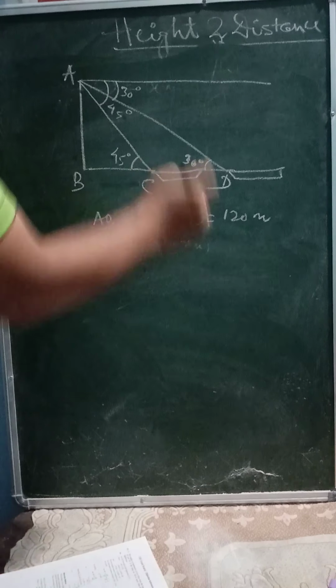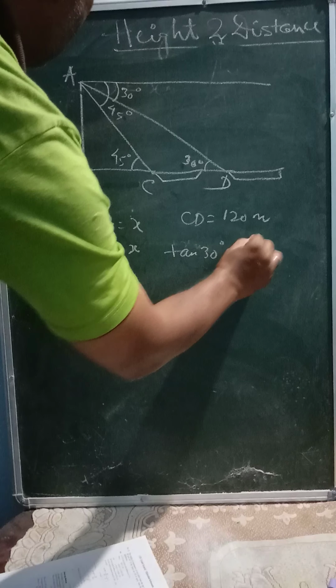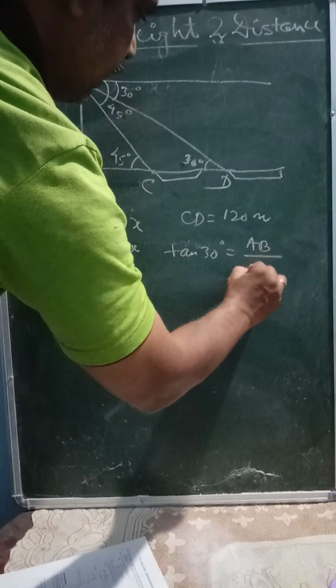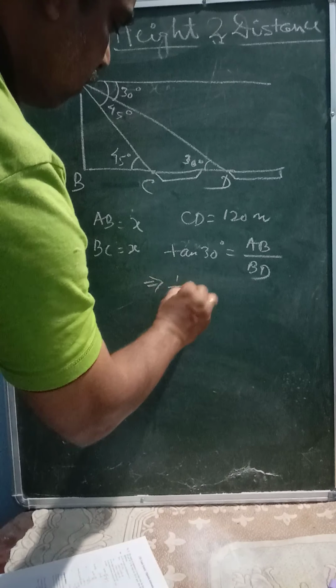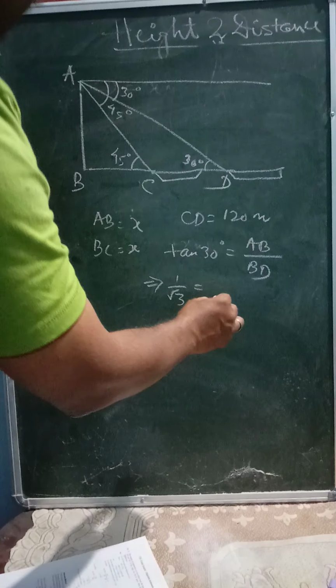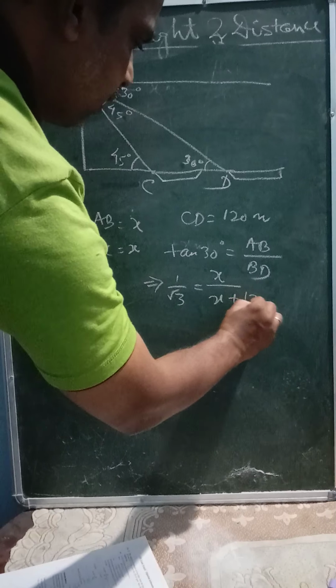Now tan 30 is equal to AB by BD. So this implies tan 30 is 1 by root 3, AB equals x and BD is equal to x plus 120.